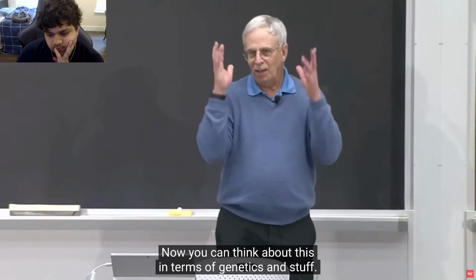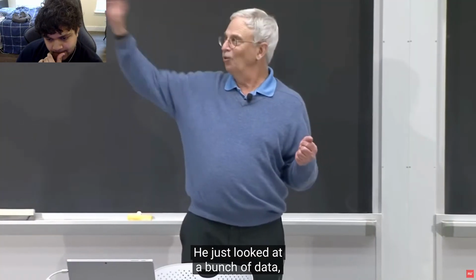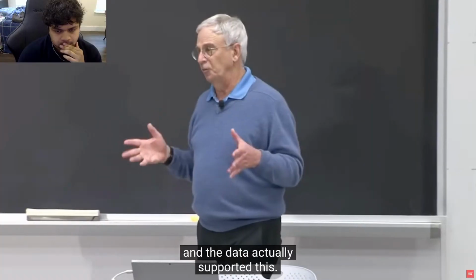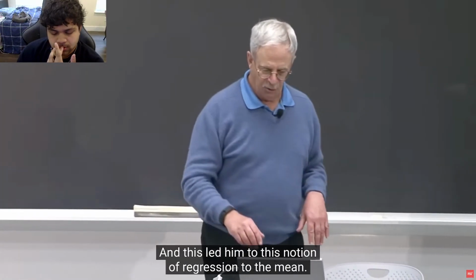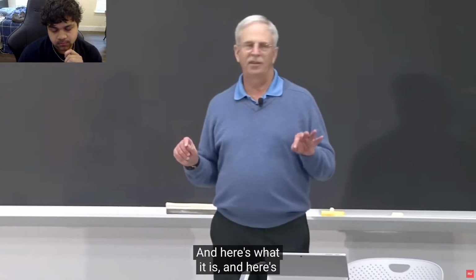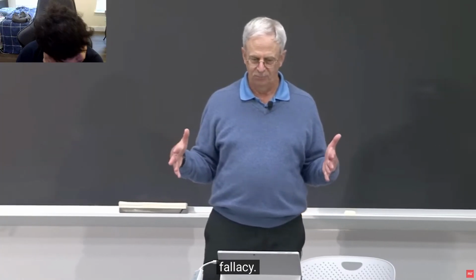Now, you can think about this in terms of genetics and stuff. That's not what he did. He just looked at a bunch of data. And the data actually supported this. And this led him to this notion of regression to the mean. And here's what it is, and here's the way in which it is subtly different from the gambler's fallacy.